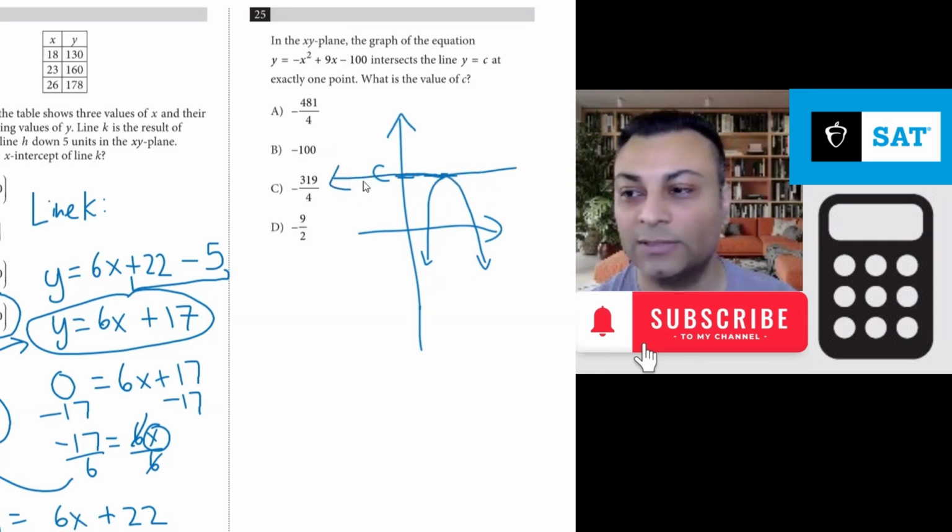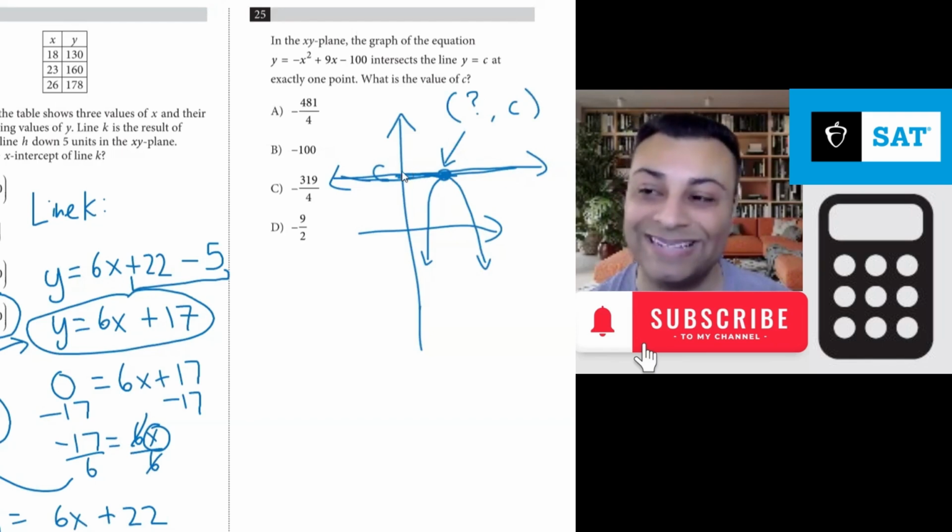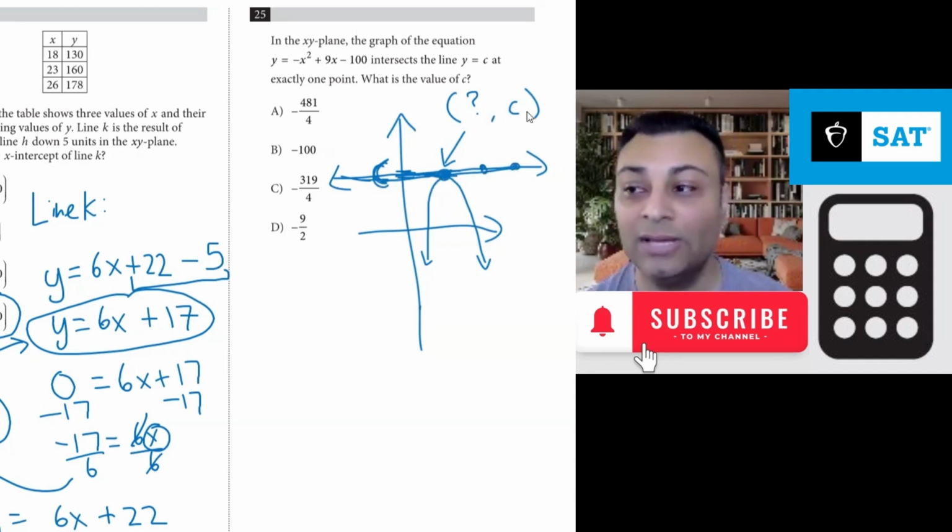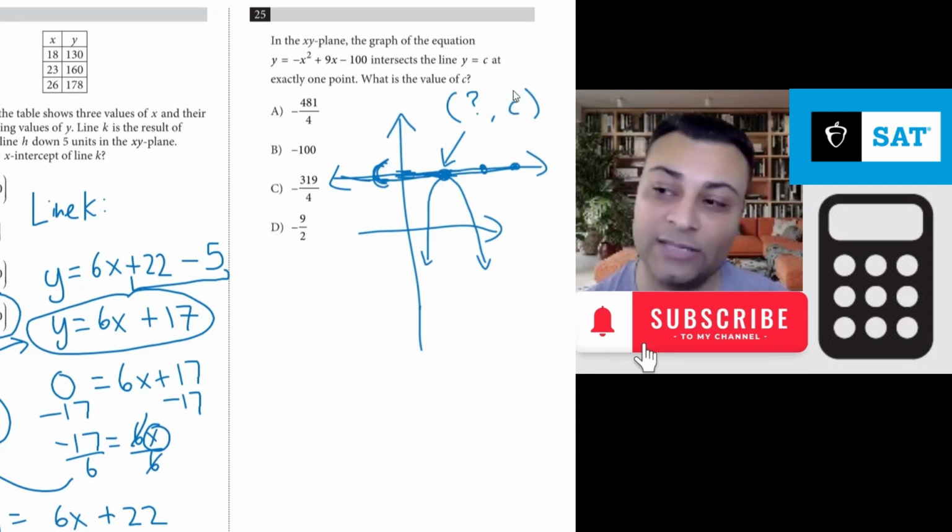The vertex has some coordinate and then C, because the y coordinate of the vertex is this exact number. Any y coordinate on this line is C, right? Even here, the y coordinate is C, and here the y coordinate is C. So this has some x coordinate that we don't know, and then some y coordinate. And they're asking us for what the value of this is.